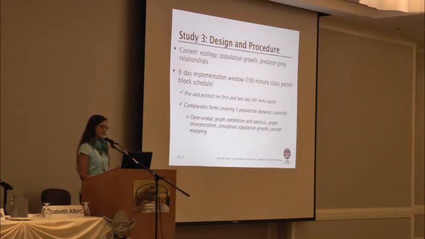Here the design and procedure were similar to study 2, although the class times were longer and they were in block schedule. Essentially we had a pre and post with 40 minutes allocated at the beginning and end of the study, and students worked through the content at their own pace.